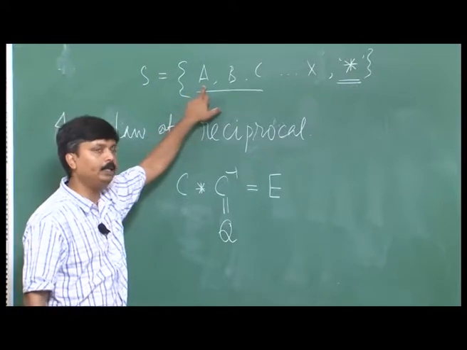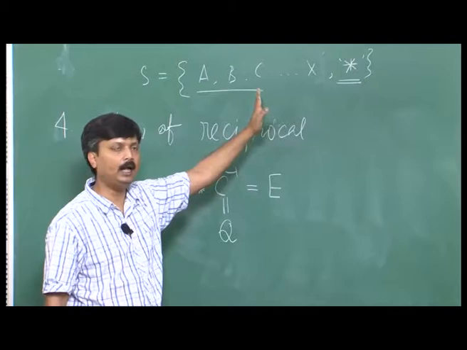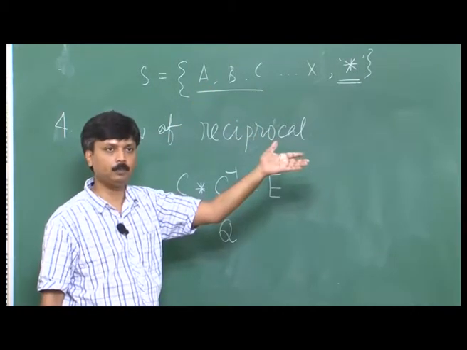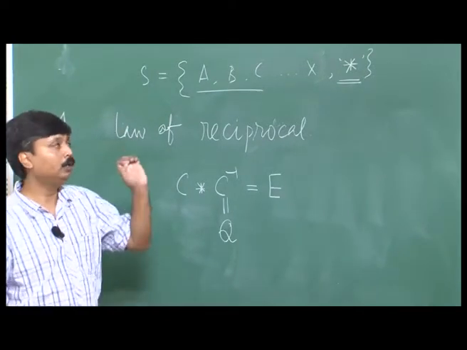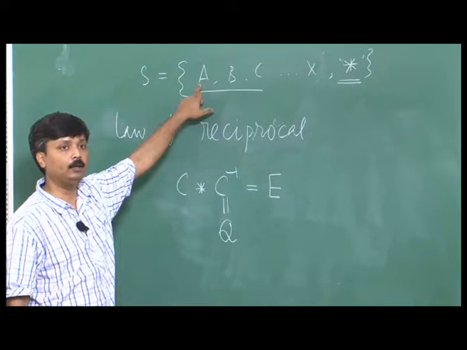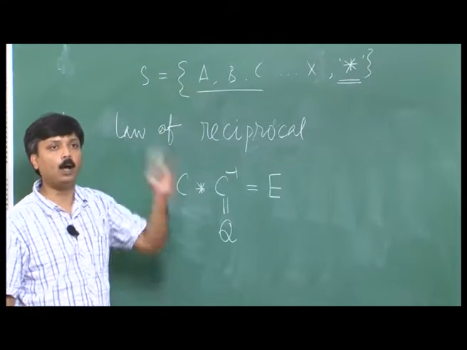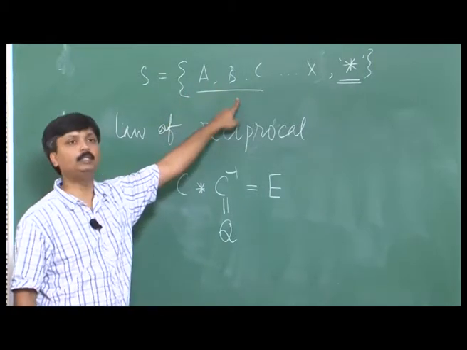If I choose A, then there must be only one element, say R, such that R is equal to A inverse. And you will not find any other element which will be reciprocal of A. So this reciprocal or inverse of A must be one, and that must be a part of this set.